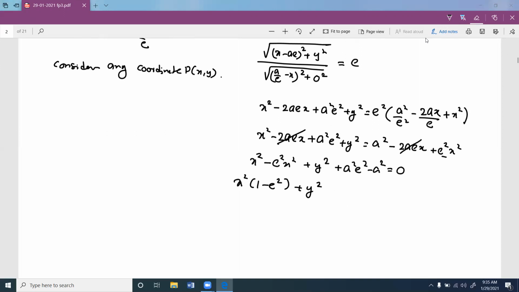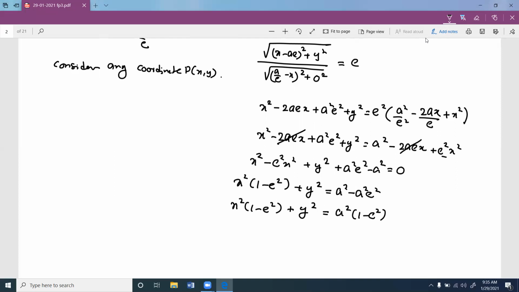I will try to take these two terms to the other side, so it turns into a squared minus a squared e squared. Then you can write x squared times (1 minus e squared) plus y squared equals, if you take a squared out, a squared times (1 minus e squared).